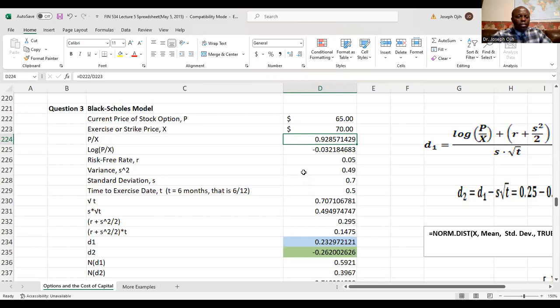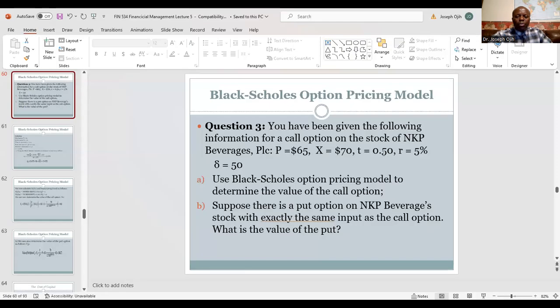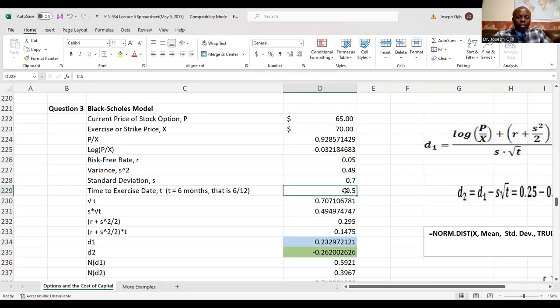Next, we need the time to expire, 0.5, which is 6 months. 0.5 is here already. Okay, good. So all these other things have been calculated.